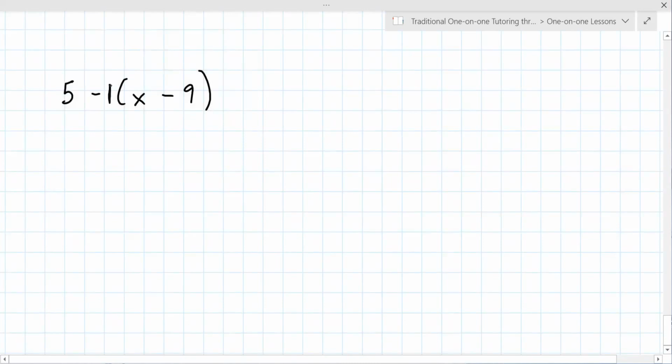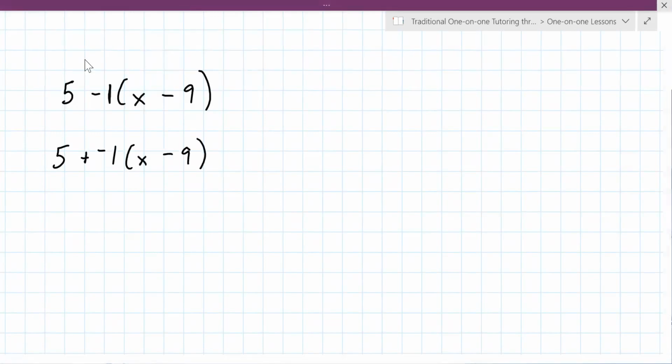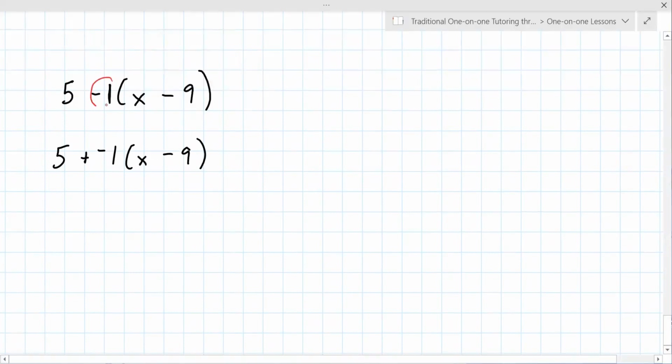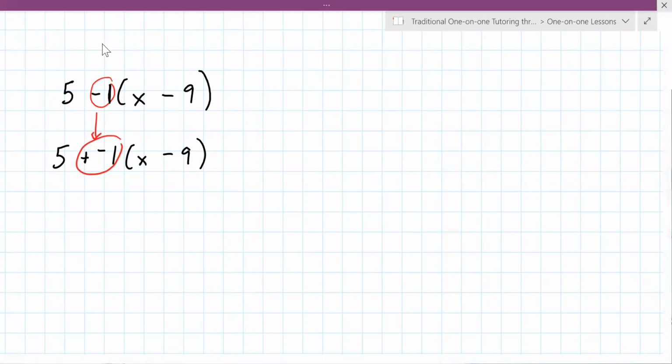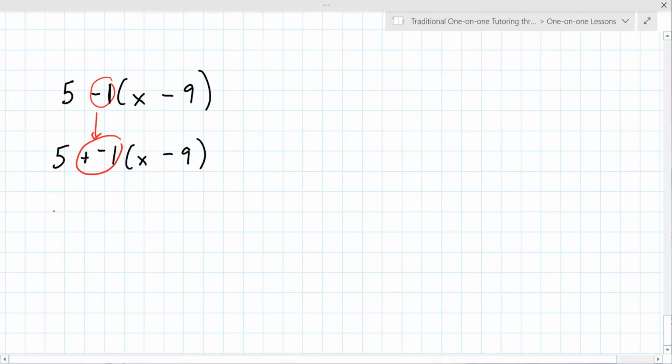And now maybe you see that not only is it -1, it's actually plus -1. You see how I converted that subtraction by 1 into this right here? Yeah, because you got to put a plus because it's a -1. So you bring the 5 down plus.